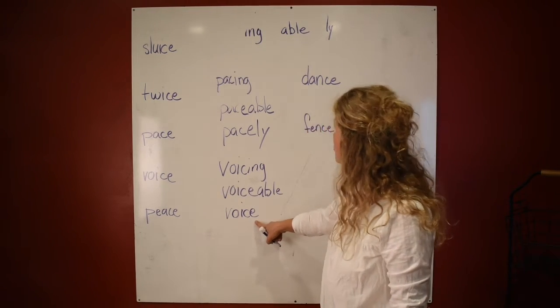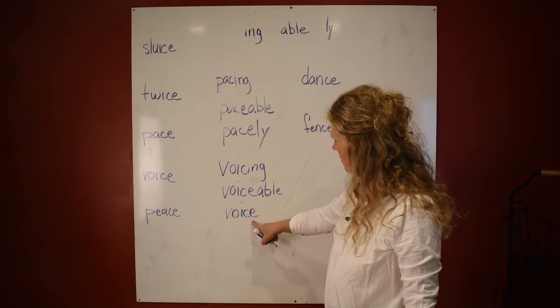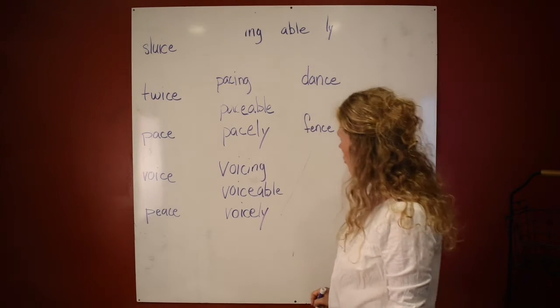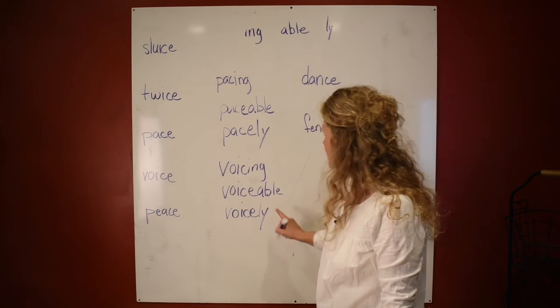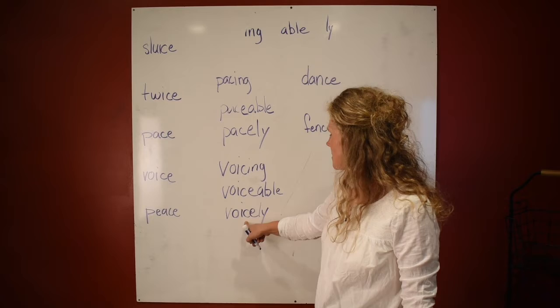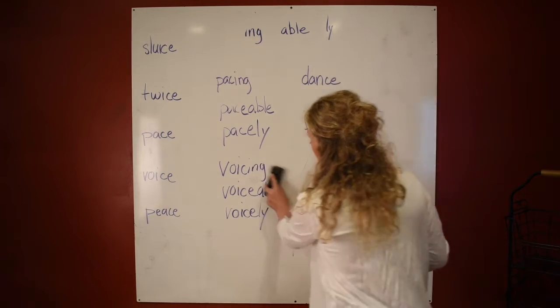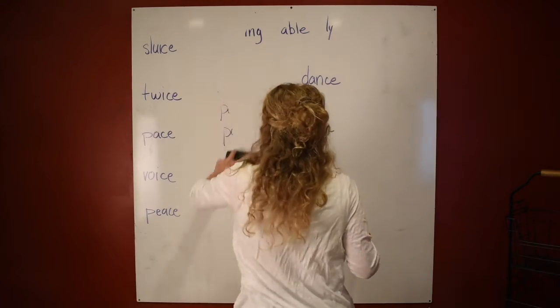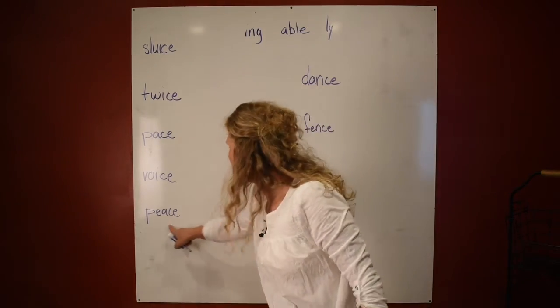So we do not drop our E's when we're adding on a consonant suffix. So just add it on. Voicely, okay? So leaving on the E keeps that saying S. Let's just take all of that down. Now we have peace.